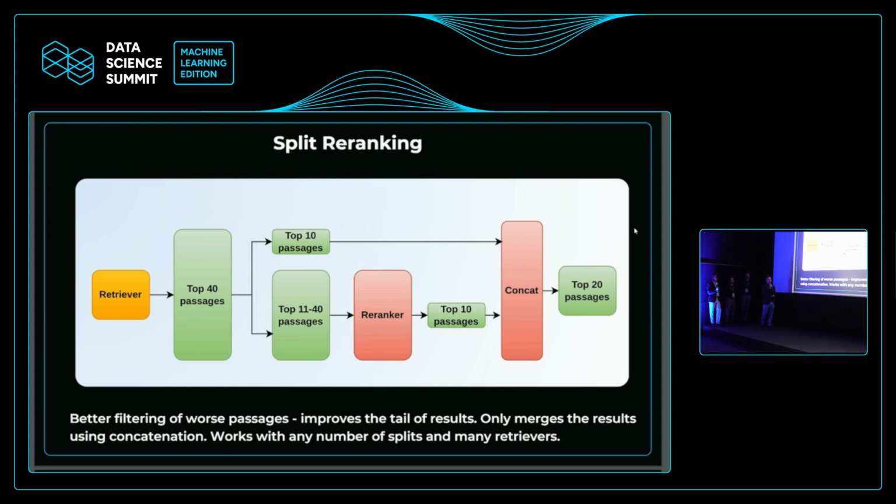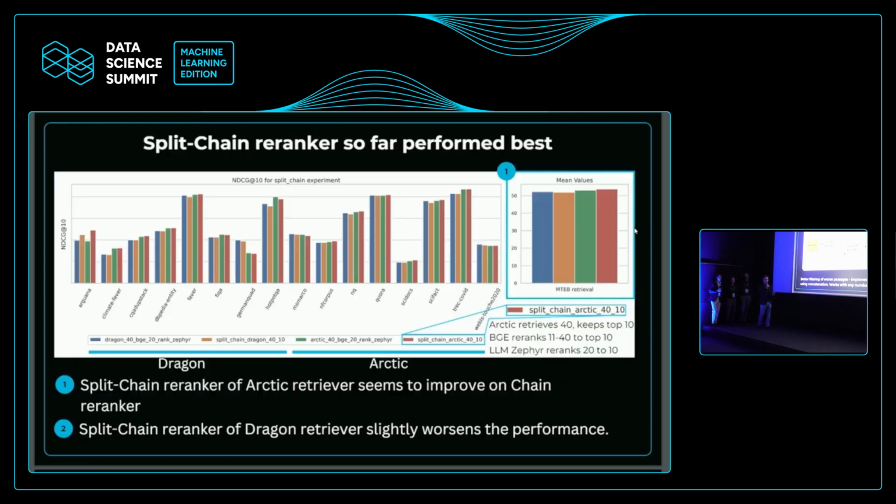Therefore, we introduced split re-ranking, where we take passages, in this case, let's say it's 40, and we keep top 10 passages unchanged, because we hypothesize that they are the best, and we only re-rank the remaining 30 passages, which are re-ranked through the BGE re-ranker to filter them to top 10, and later this gets concatenated. If you would like to further decrease it, we would use the LLM re-ranker.